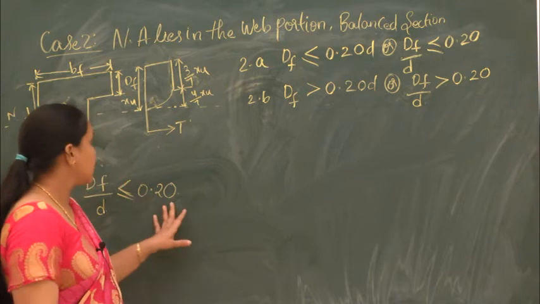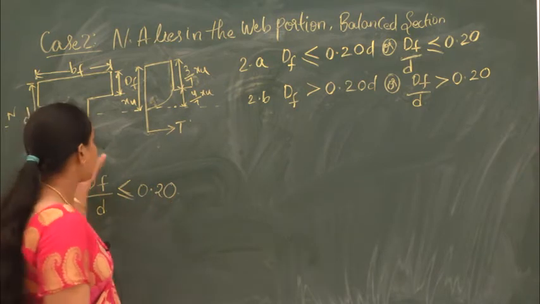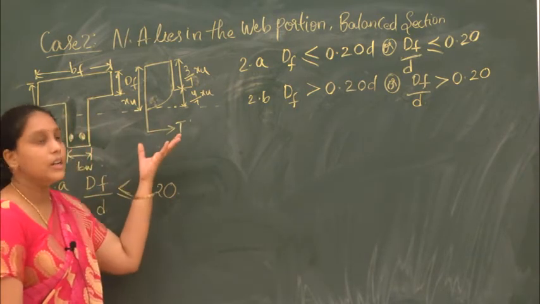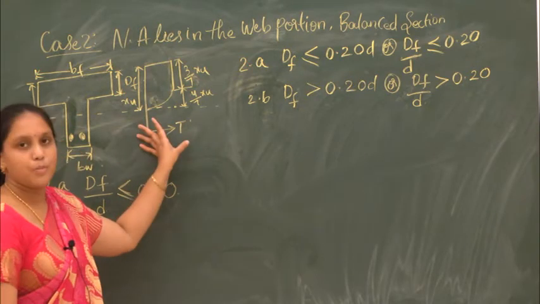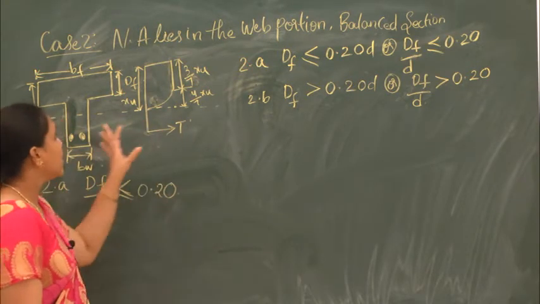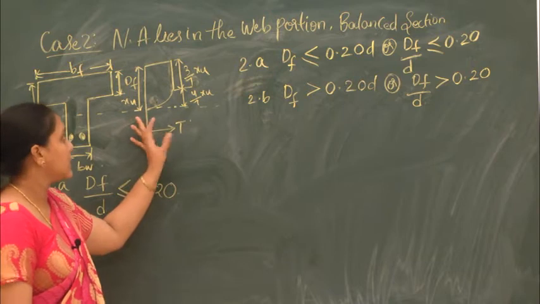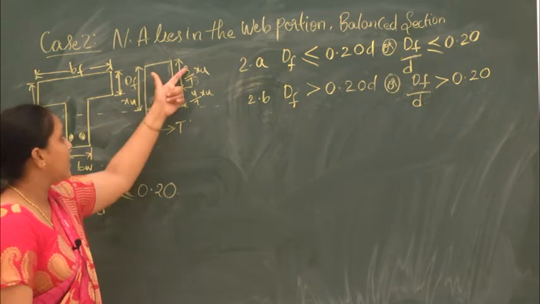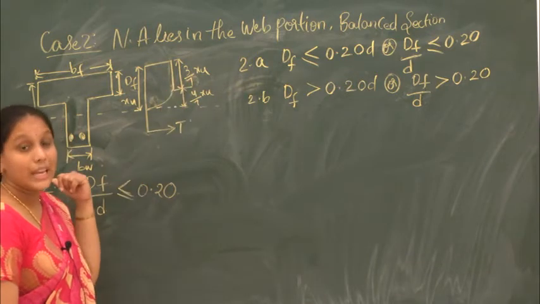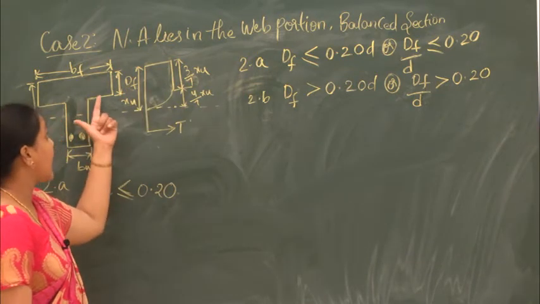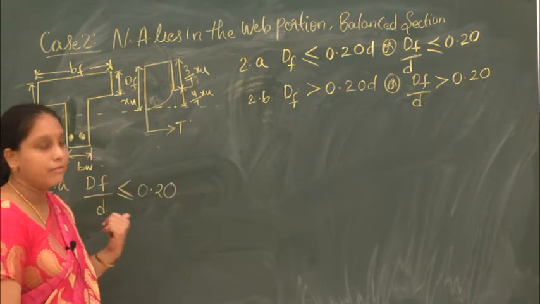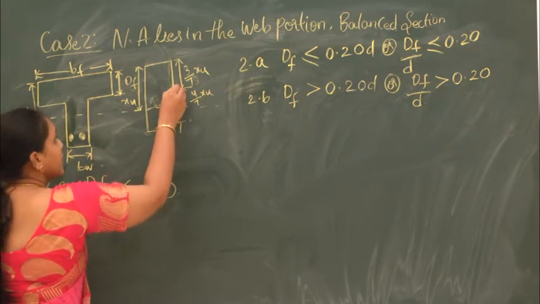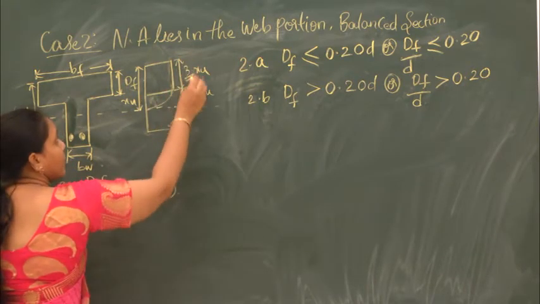If you consider this particular case, if you see this T section and the stress block for the T section, what you can see here is the rectangular portion, okay, 3 by 7 xu, which is greater than the depth of the flange. If you can see here, this is the rectangular portion, is it or not?